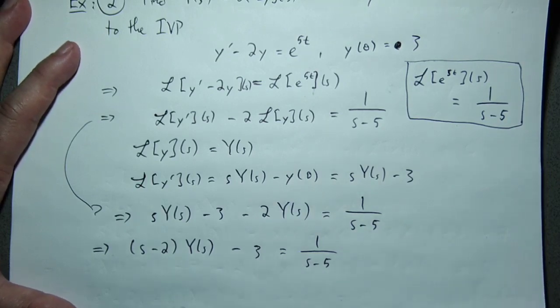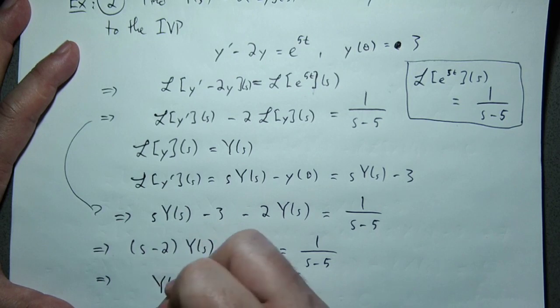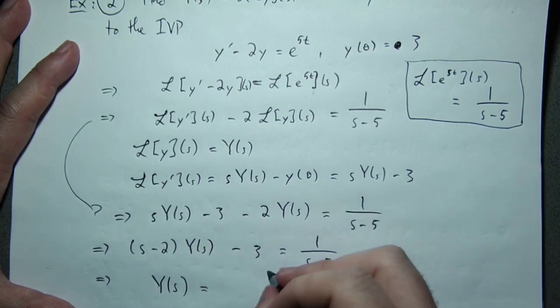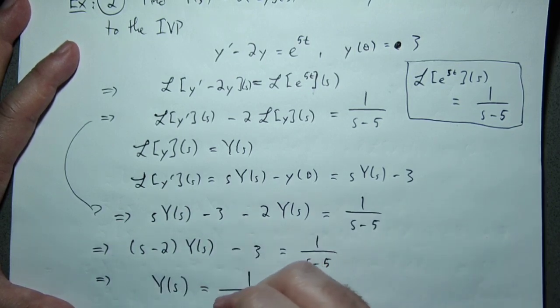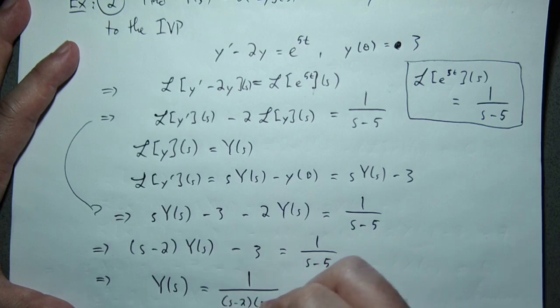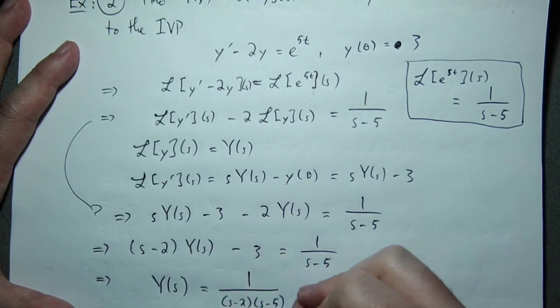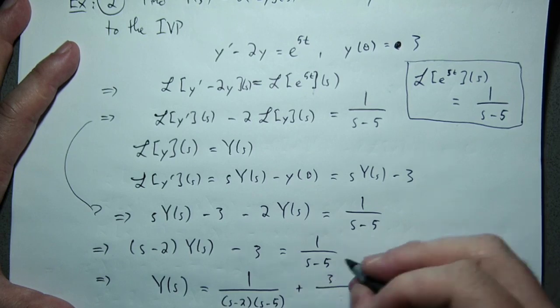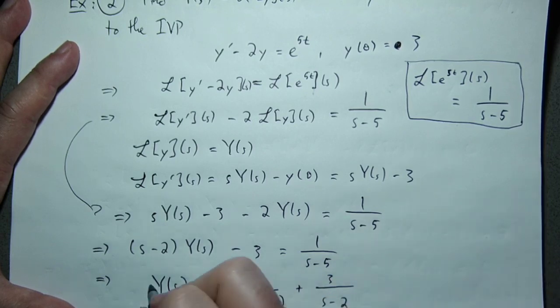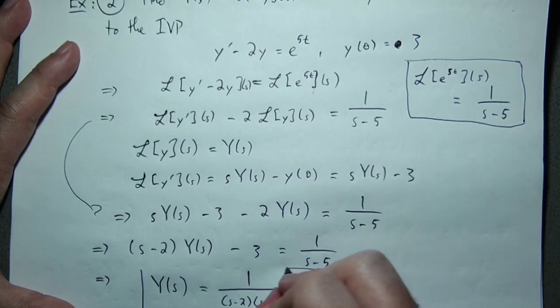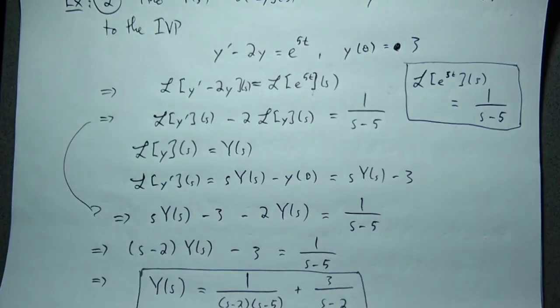Then adding 3 to both sides and dividing by s minus 2, big Y of s is 1 over (s minus 2)(s minus 5), plus 3 over s minus 2.